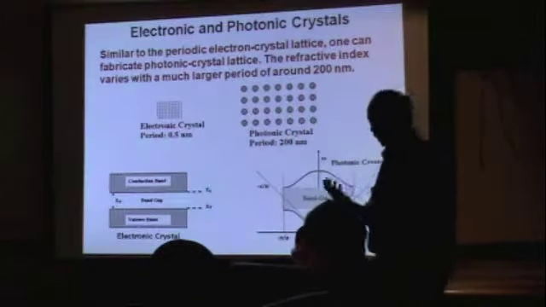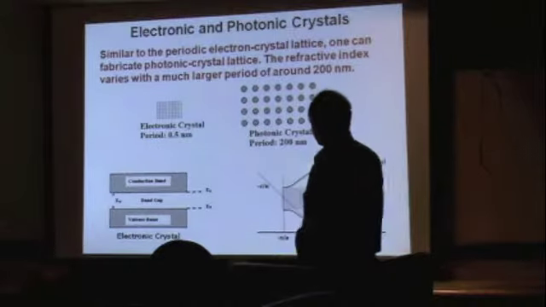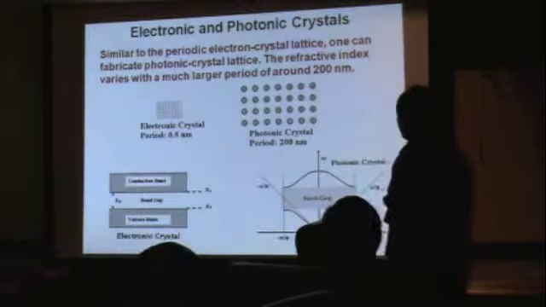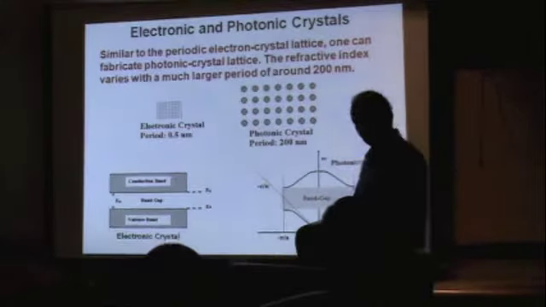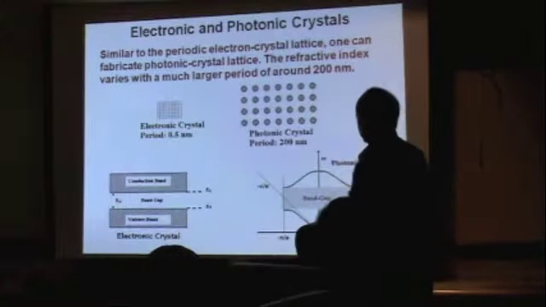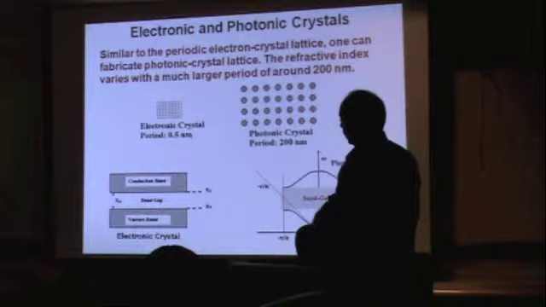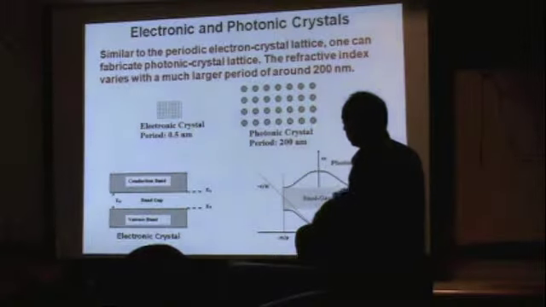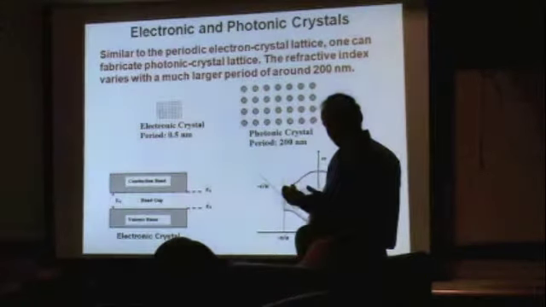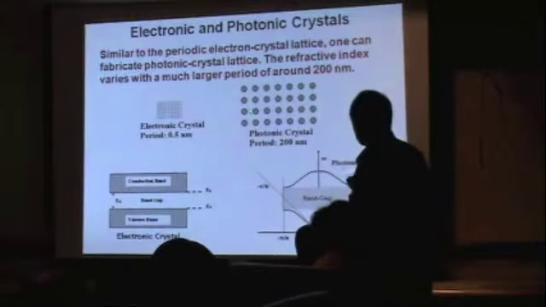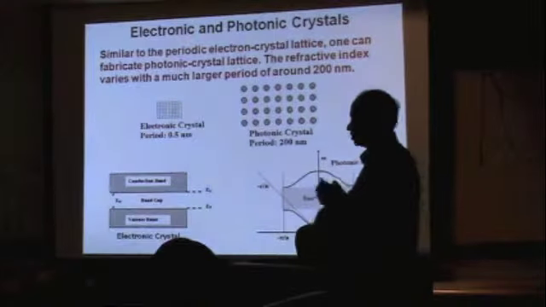Now, since we are comparing light and electrons, photonics and electronics, just like an electronic crystal, you can artificially build a photonic crystal. Electrons have a wavelength of the order of a nanometer, so the periodicity is of the order of a nanometer. But the wavelength of light is hundreds of nanometers, so we want to make a structure where the periodicity is hundreds of nanometers.